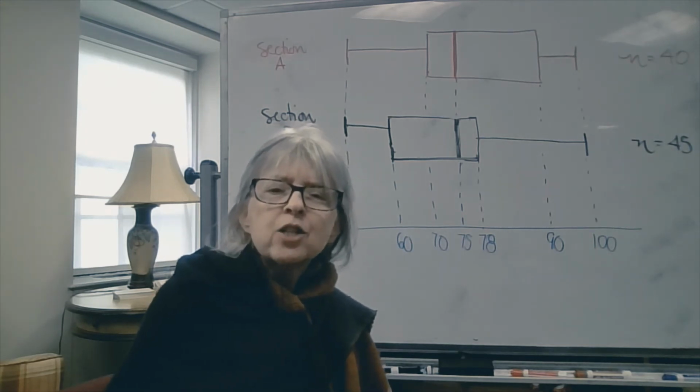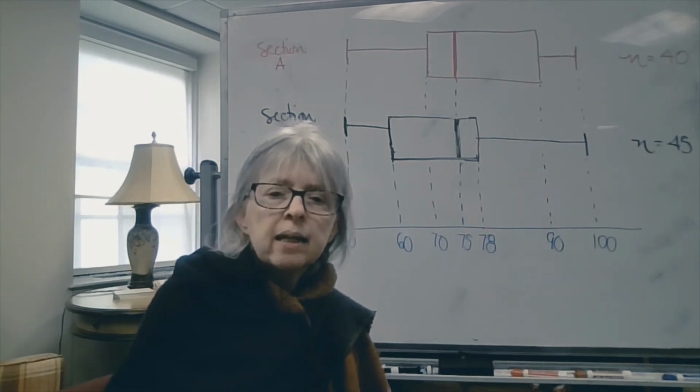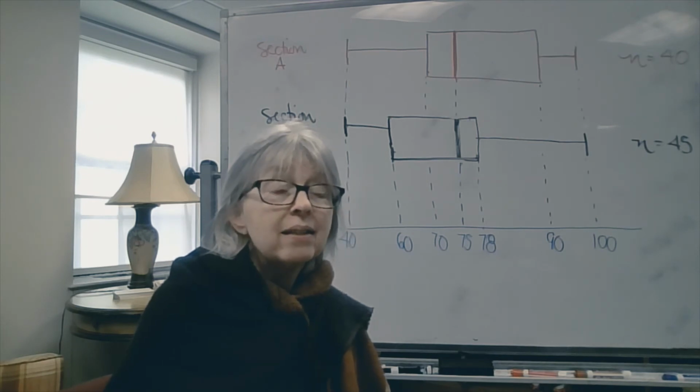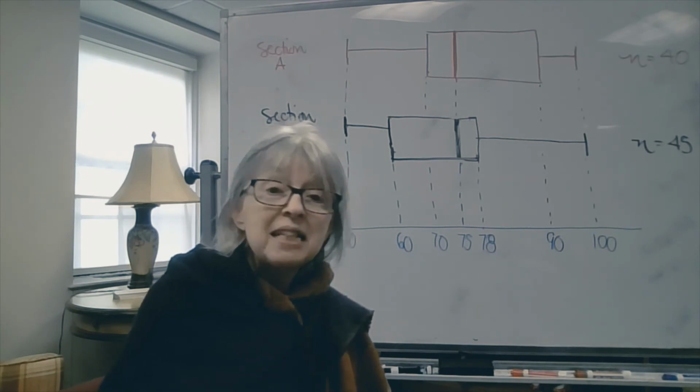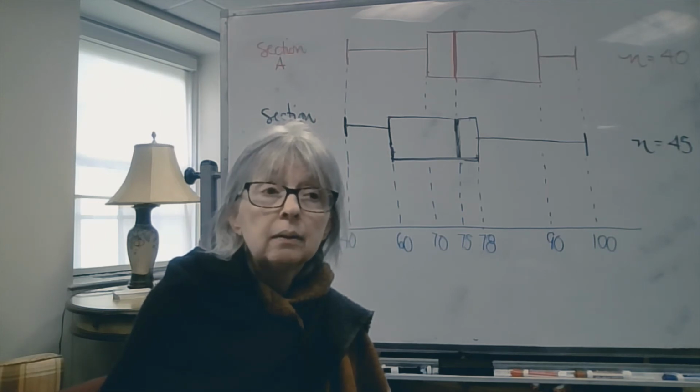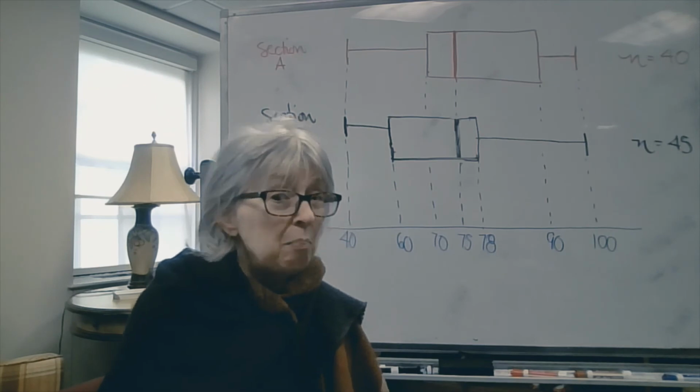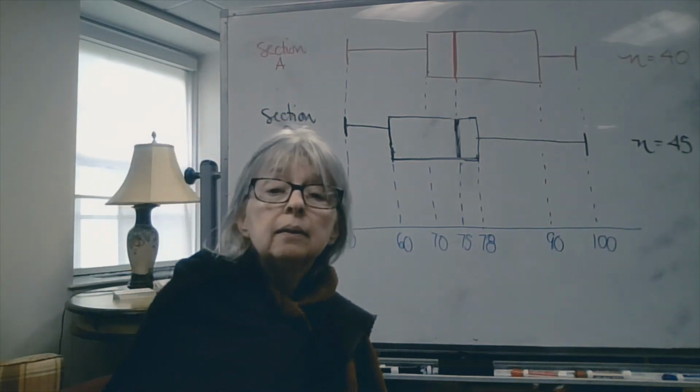I could say Section B had a higher average on the exam. You'd walk away thinking Section B was the class that didn't need my help. They do have the higher mean. The box plot doesn't tell me.